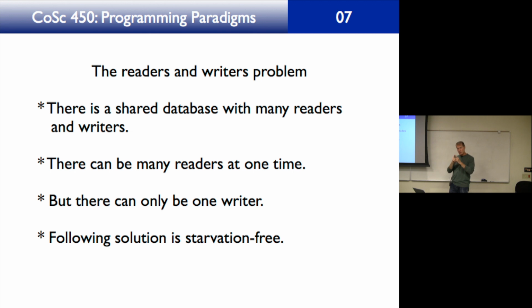A writer has to be able to get into the room and mutate the database. When the writing is happening, to keep things consistent, you don't want anybody else reading, because if they read while he's writing, they might read something in an inconsistent state. So you want only one writer to have exclusive access to the database when the writer wants to write. And after he's finished writing, you can have a whole bunch of readers come in and read at the same time. Do you see what I mean?